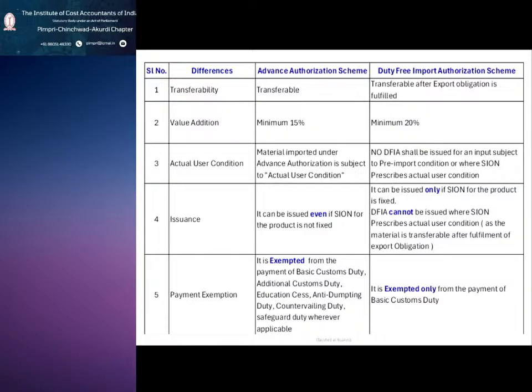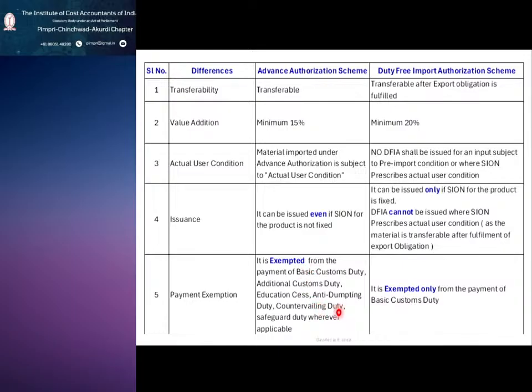And in duty free import, it is exempted only from the payment of basic customs duty.